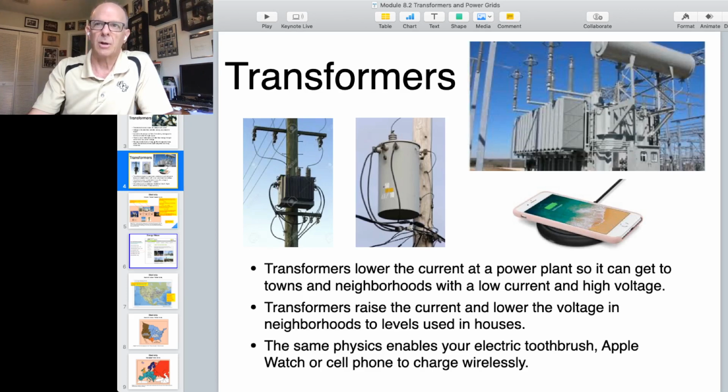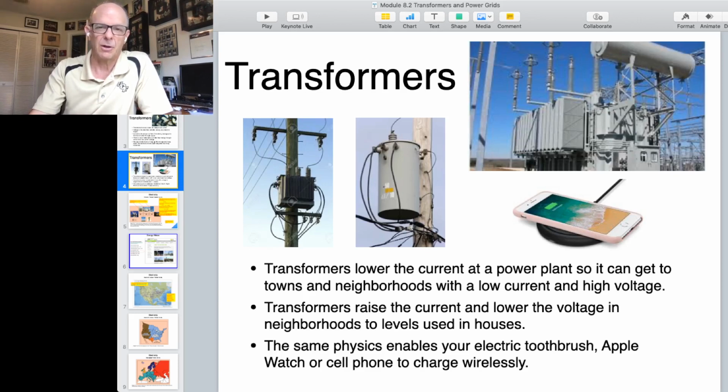That's a transformer. Inside that is just a whole bunch of coils of wire, and through one coil of wire is a high voltage, low current flow coming from an input source from a transmission power line, and that induces in the other coil a lower voltage, higher current flow, which then just gets wired to your house.